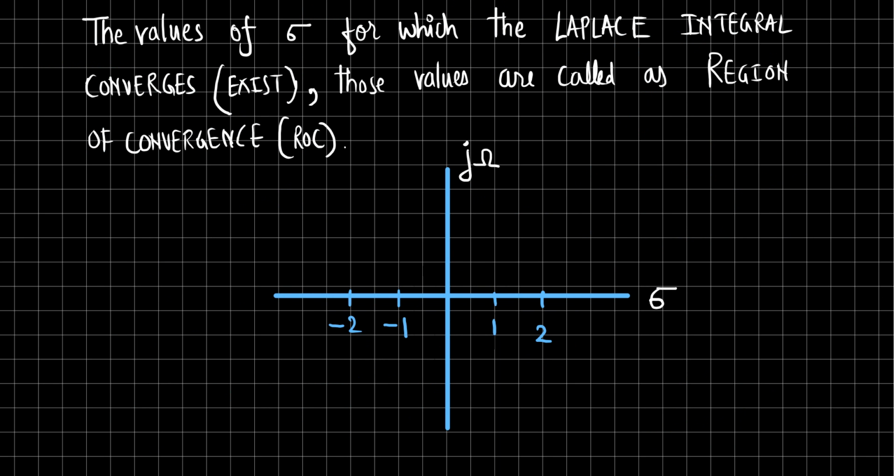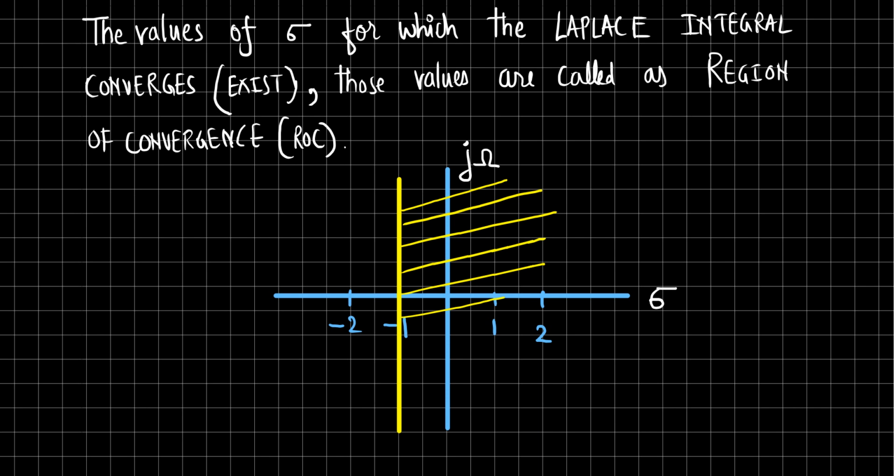I will draw a line here, and anything greater than this, I'll draw like this. So anything greater than -1, I'm indicating with this shaded region. This indicates the range of sigma values all greater than -1.